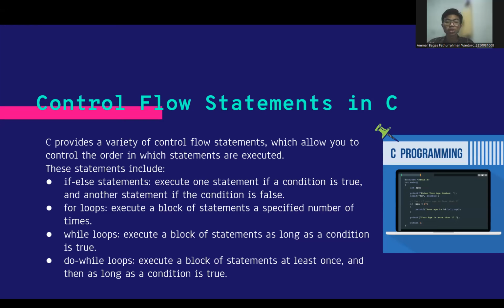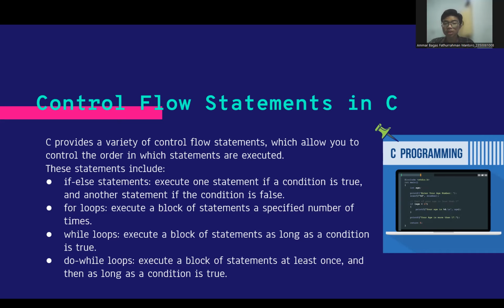And for loops execute a block of statements a specified number of times. So the action is looping. While loops execute a block of statements as long as a condition is true.